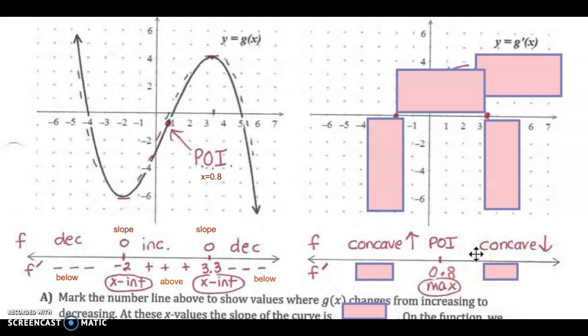What that does to our g prime is, when it's concave up, that means our g prime is increasing. When it's concave down, it's decreasing, so the slope of those. We don't know that this is our max yet, but we can infer that it starts out as increasing until that point and then decreasing. So obviously it's going up and then reaching a max value and then coming down. So that's how we know that.